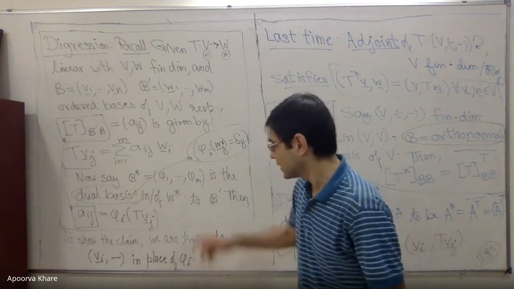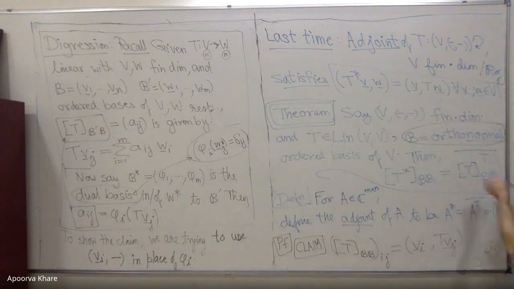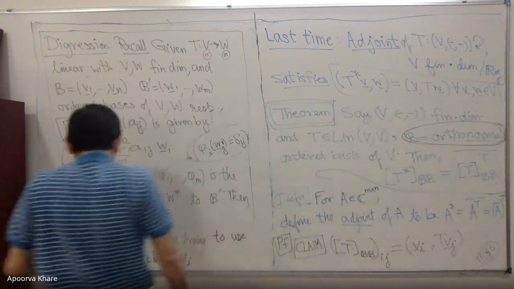So the question is: is this the dual basis under the given assumption of B being orthogonal? And that is exactly why you need it. So when is it the case? For which kind of basis?